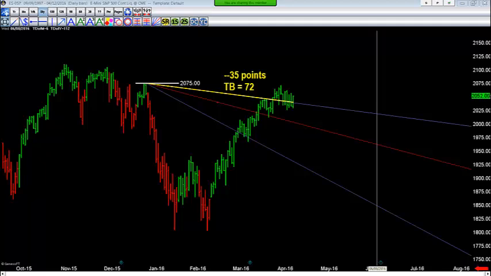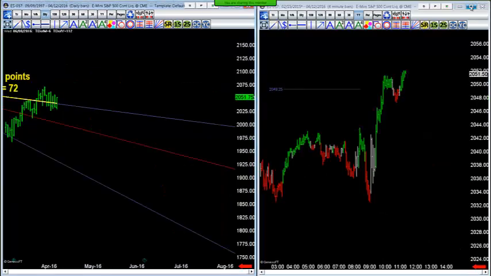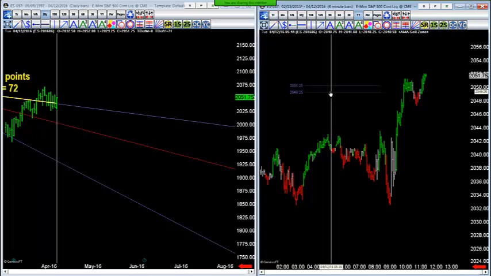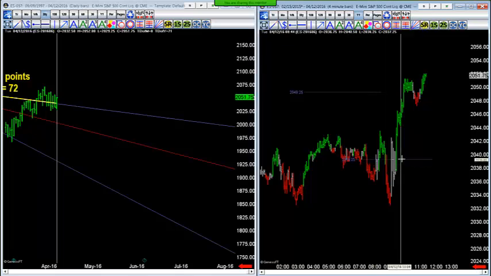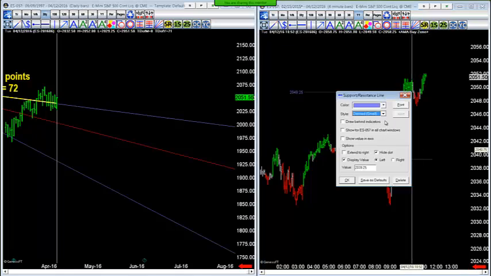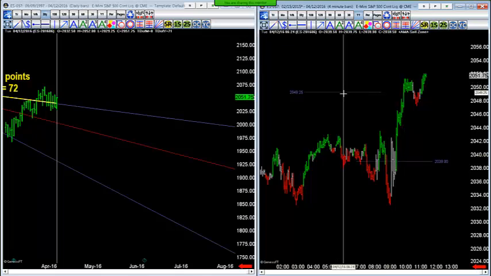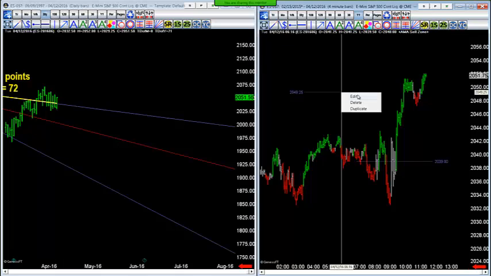That price is 20.39. So I come over here, and what I should do is put these out to the right. I'm going to put this at 20.39. Okay? So now you have the first angle on there.